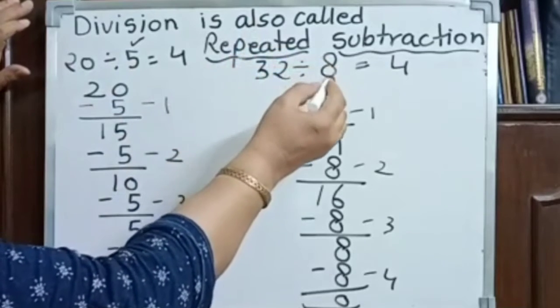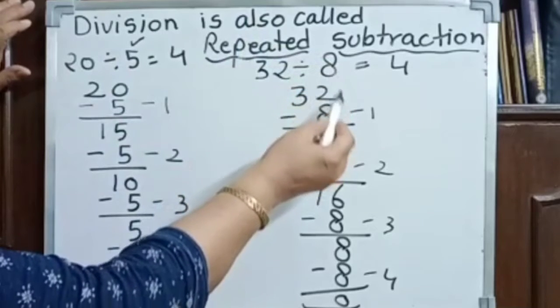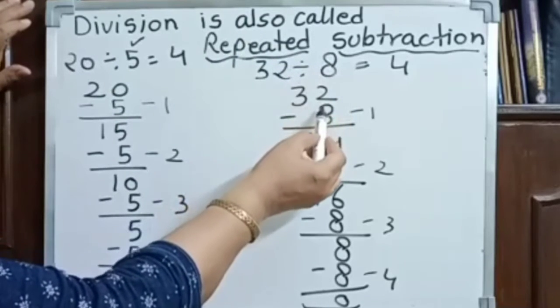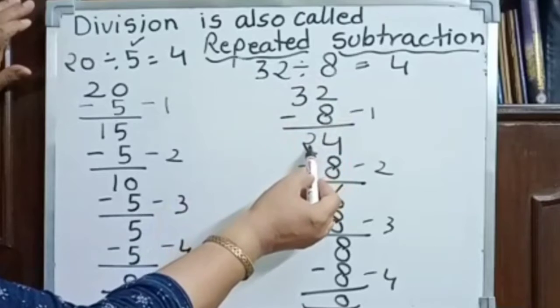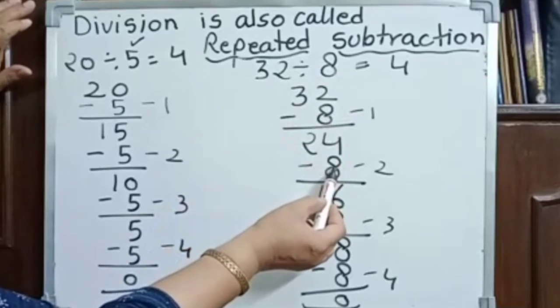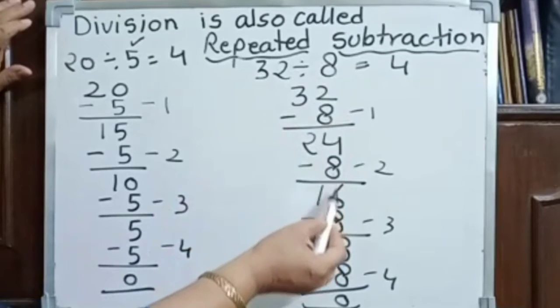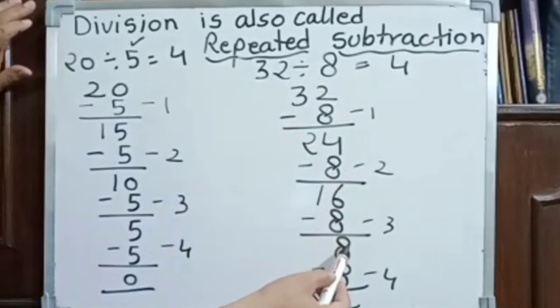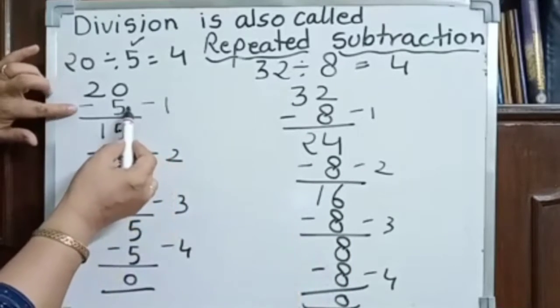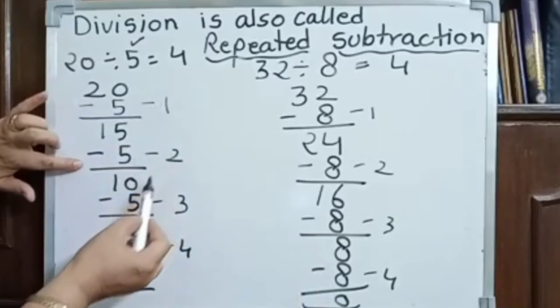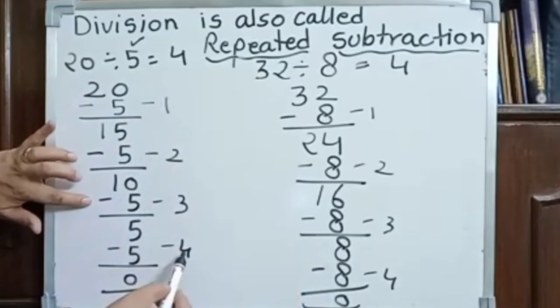32 divided by 8, take it as a subtraction sum. 32 minus 8 is 24, again minus 8, 16, again minus 8, 8, then minus 8 till we get 0. So here we have 1 time, 2 time, 3 time, 4 time.